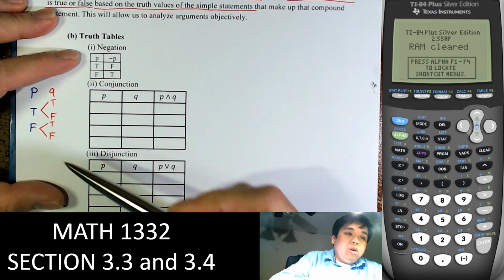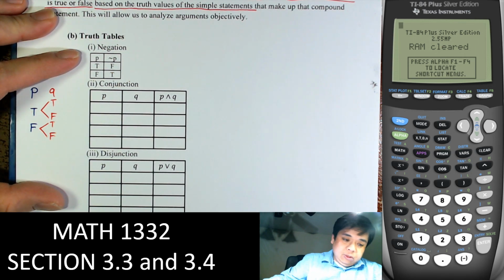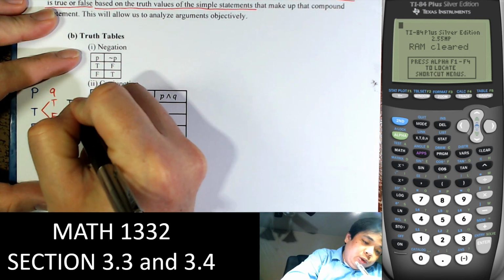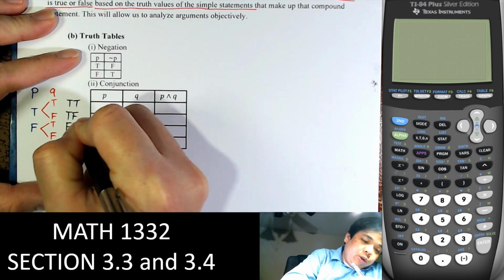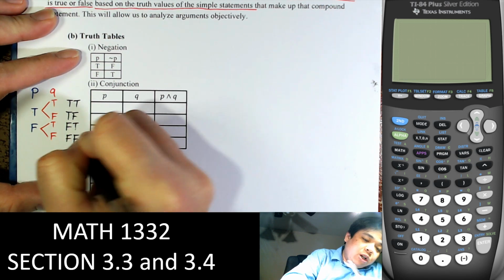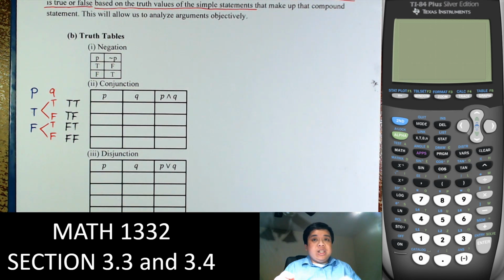So with that we're going to have true true, true false, false true, and false false. Those are the four cases.